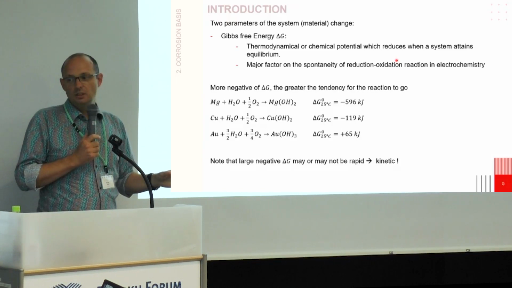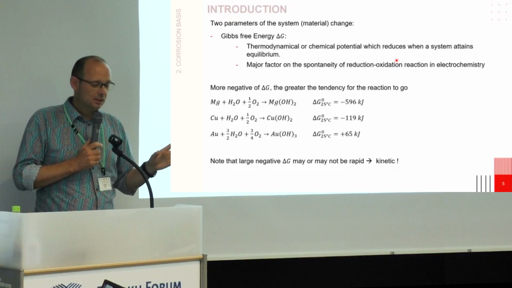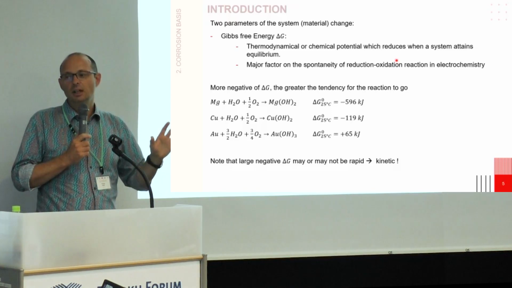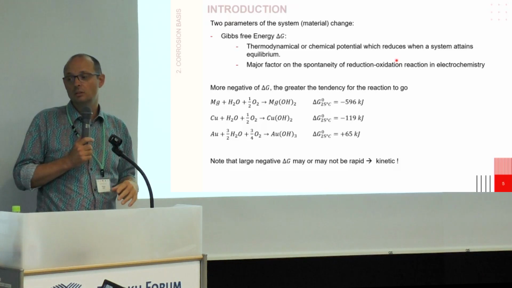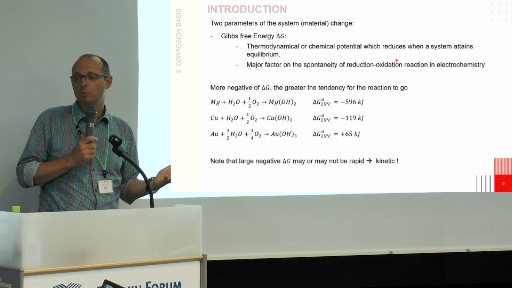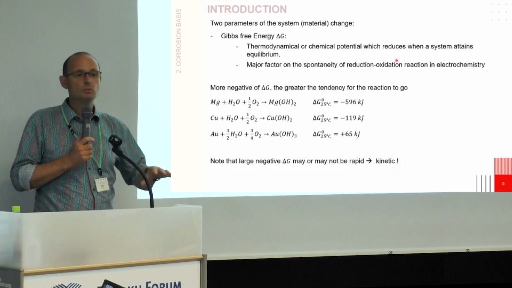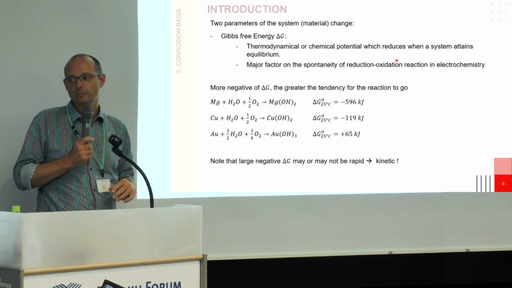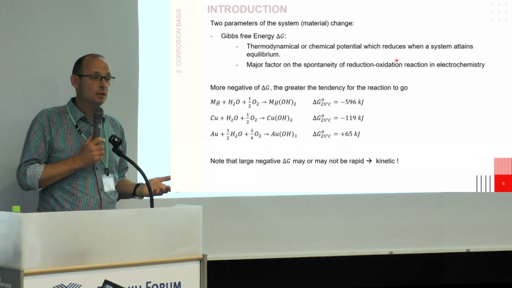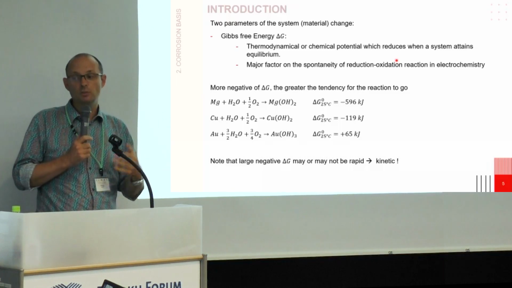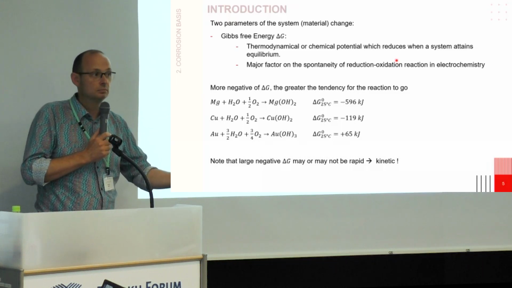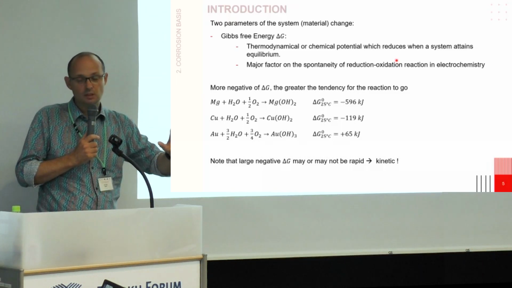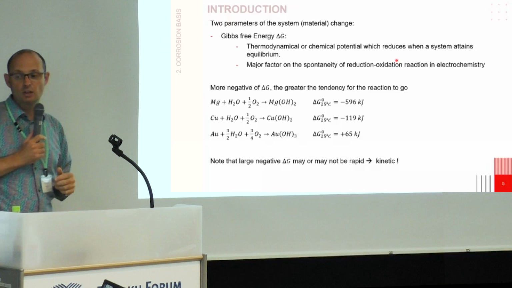So in thermodynamics and chemical potential, this is also a thermodynamical parameter, we want to reach the equilibrium. In electrochemistry, the spontaneity of the reaction will be, okay, this reaction oxidizes. I will explain later what is the meaning. This reaction reduces.